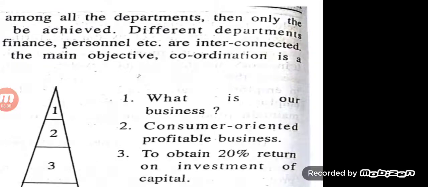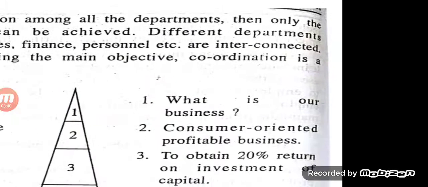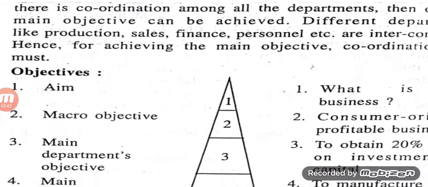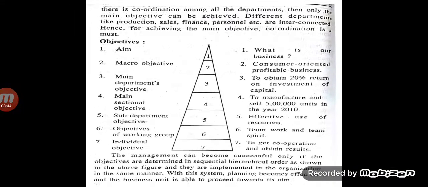Here, what is our business, consumer oriented or profit business, etc. So here we can say that in a pyramid there are 7 layers of objectives. The first objective in the organization is about the aim, the goal of the organization.